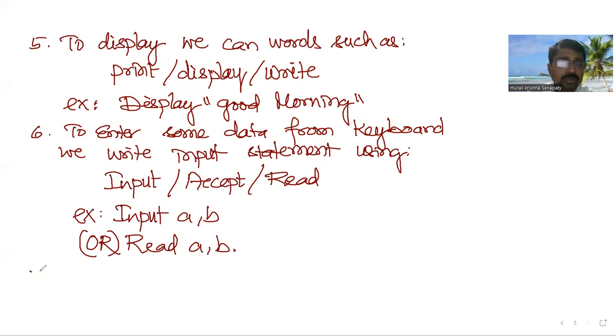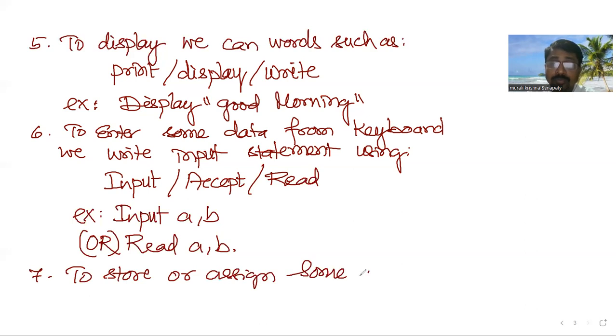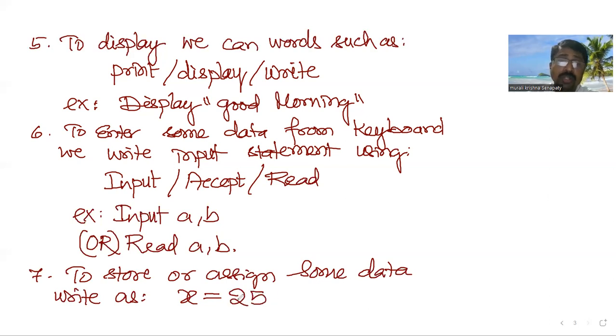What is the next line? Whenever you want to store or assign some data, how can we write it? We can write x equal to, suppose I write 25. What is the meaning of it? I am assigning 25 to x.